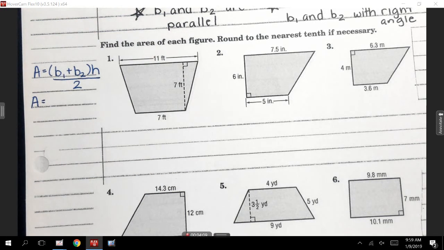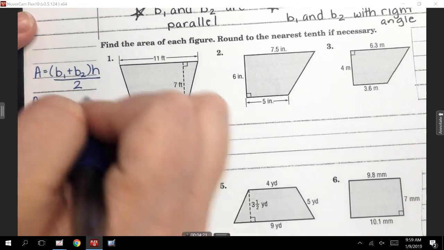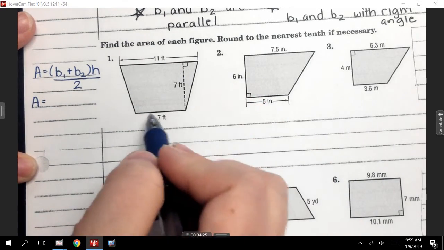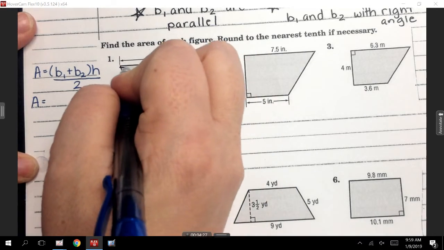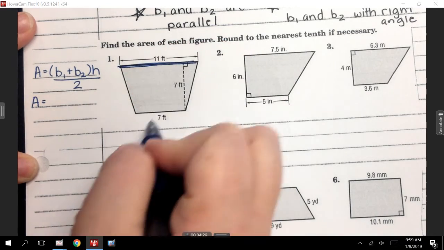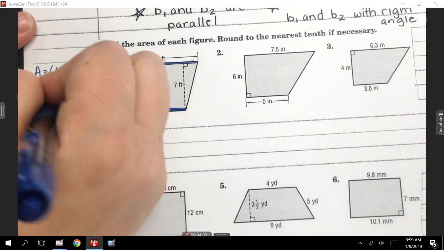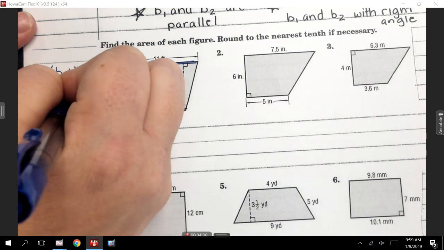All right, based on what we just said, especially what Gabe said about your bases having to be parallel, on number 1, raise your hand if you think you can tell me what are my 2 bases going to be. Eli? 11 and 7. 11, and not the 7 going up and down, but the 7 on the bottom, because my 11 is going straight across, and my 7 is going straight across. Do we see how those match? Okay, so we're going to do 11 plus 7.